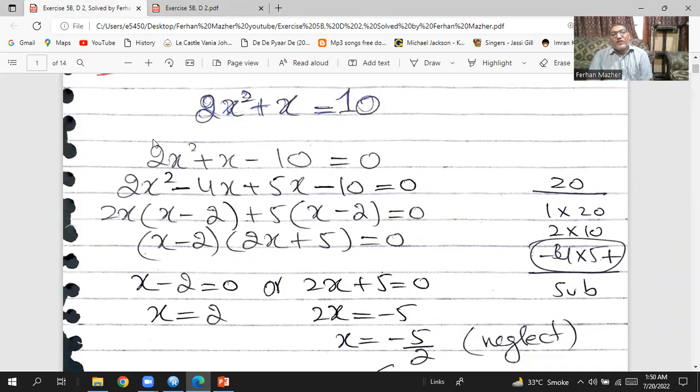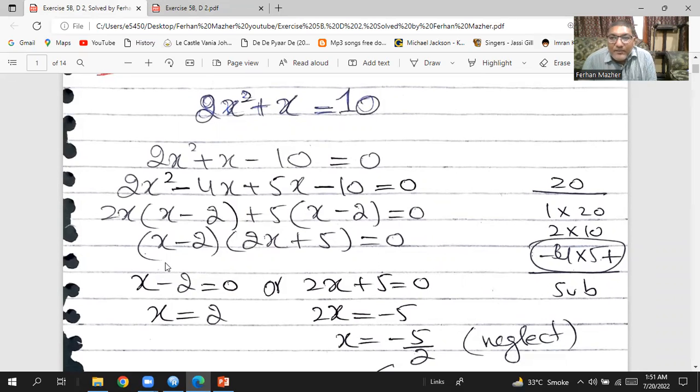So we will have 2x squared minus 4x plus 5x minus 10 equals to 0. Then from the first two terms, you can see 2x is common. And in the bracket, you are left with the x minus 2. From the last two terms, 5 is common. So from here, you are left with the x minus 2 in the bracket. From this term and this term, this x minus 2 bracket is common.